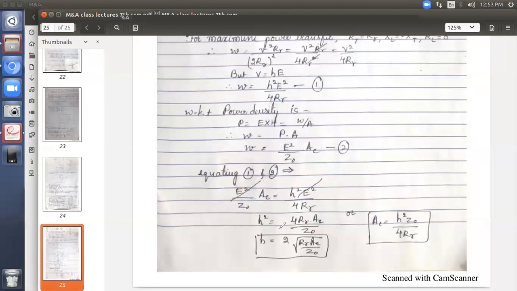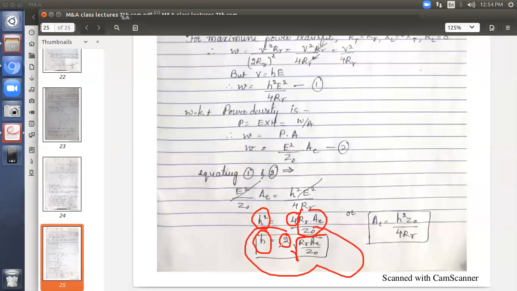So you will be left with this for H square. Take the square root. 4 will become 2. Have I done any mistake? No. Remaining is only this much to be put in the square root. H is equal to 2 into the square root of this. This is the relationship between H and AE.